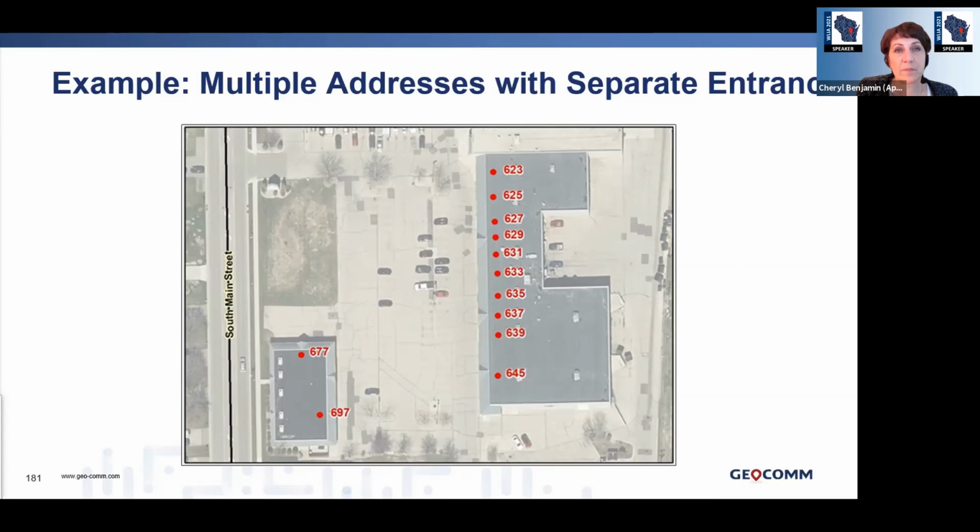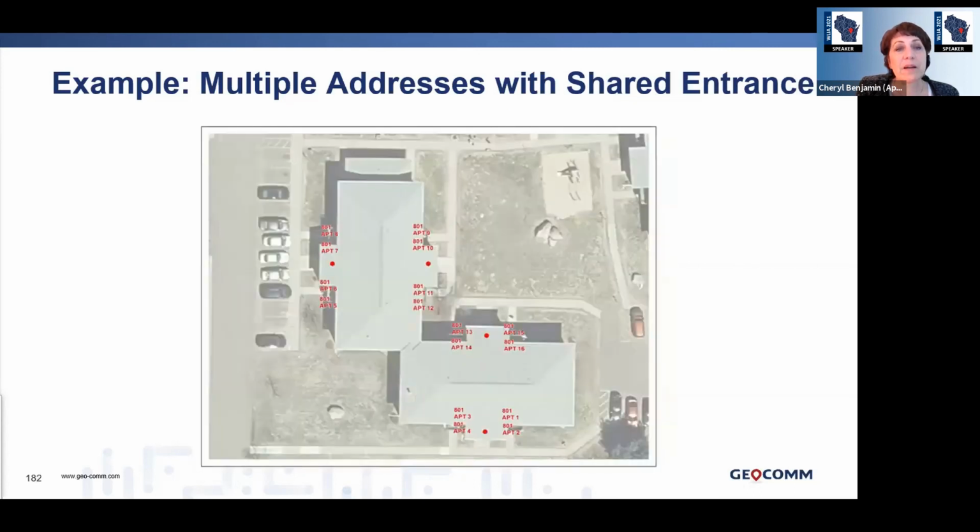Now in this example, this was kind of a unique one that we stumbled upon. We have 2 buildings. They both share the same address. They're both 801. But each building also has different entrances, and they have different apartments that are numbered in their particular building.